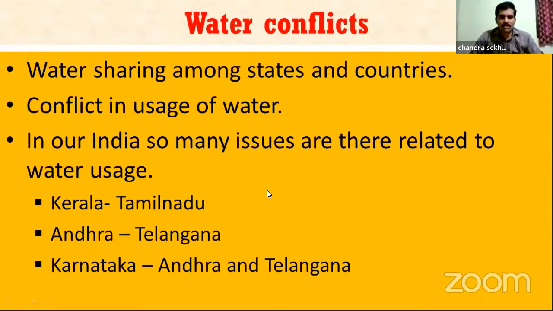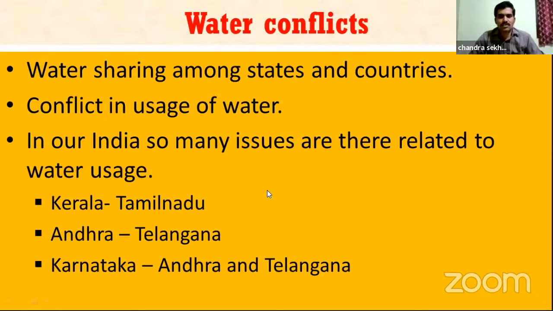Water sharing among states and countries leads to water disputes or conflicts. There is conflict in usage of water: who has to use more water, who has to use less, who has more rights on water, whether the upper catchment area or the lower catchment area has more rights. Like that, conflicts are rising.